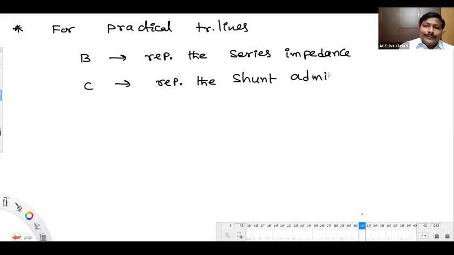How is it happening? Because the series reactance is very, very small compared to the shunt element. Our shunt element is a bit large compared to the series element.